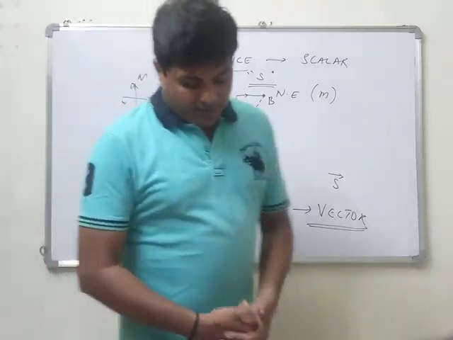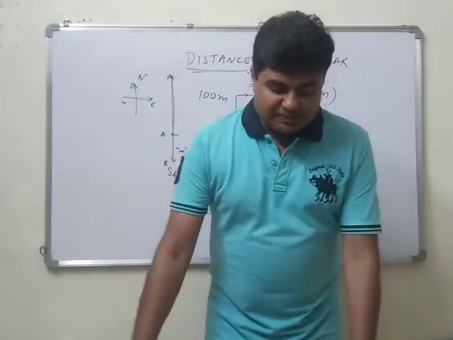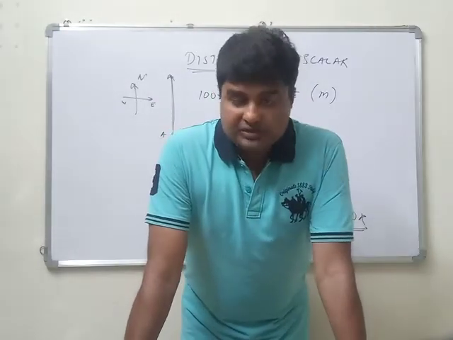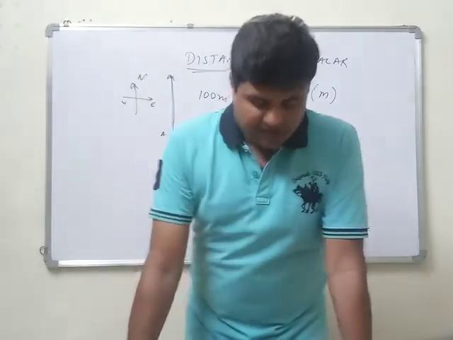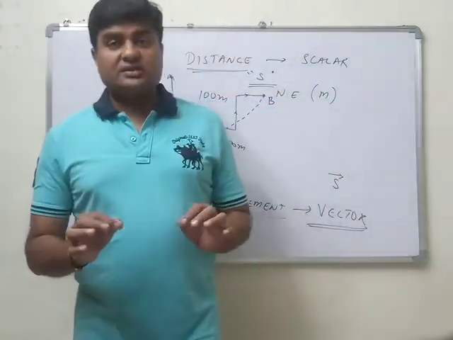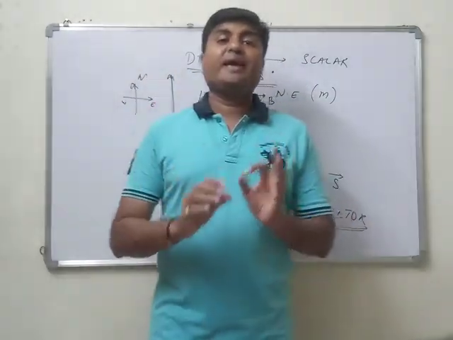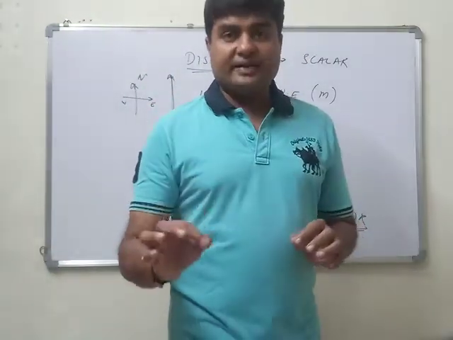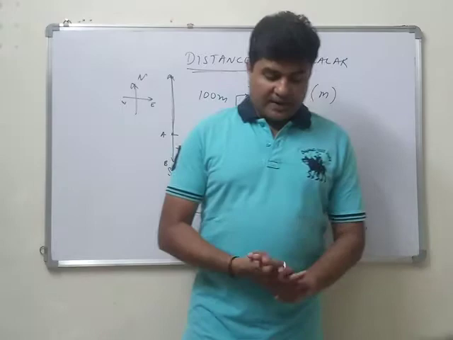Similarly, the magnitude of displacement can be less than or equal to the distance, but never greater than the distance. Because displacement is the shortest distance, therefore displacement can never be greater than the distance. It can be equal to it or less than it, but can never be greater than that.